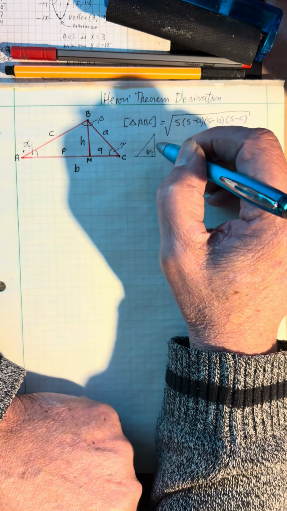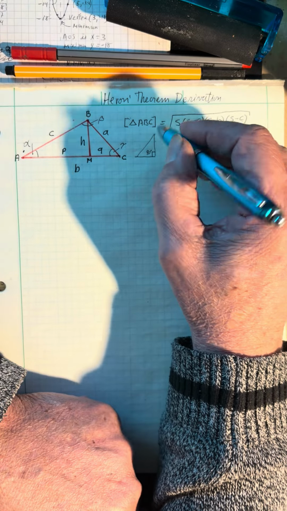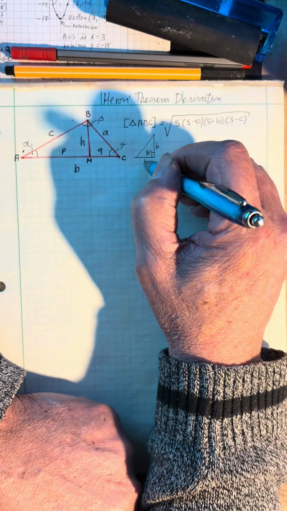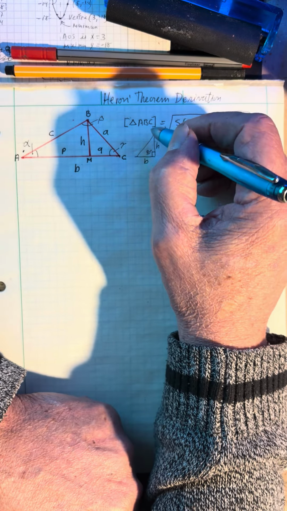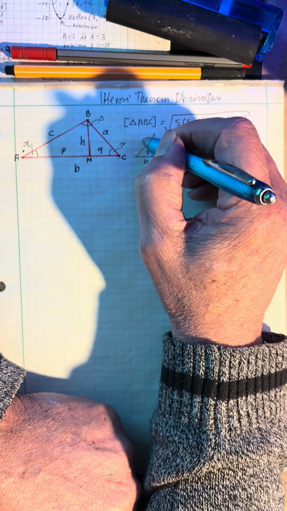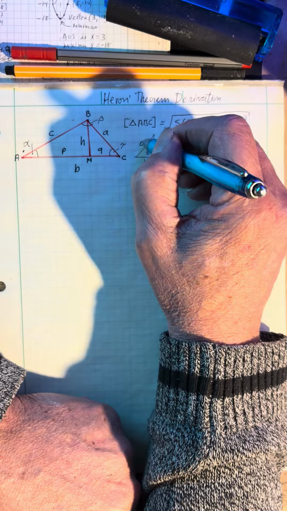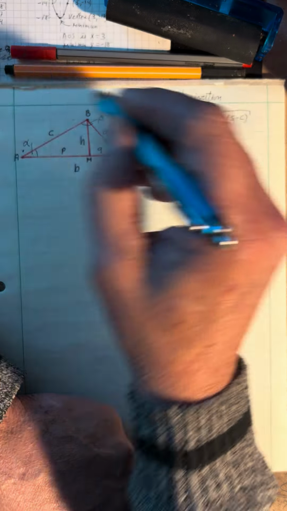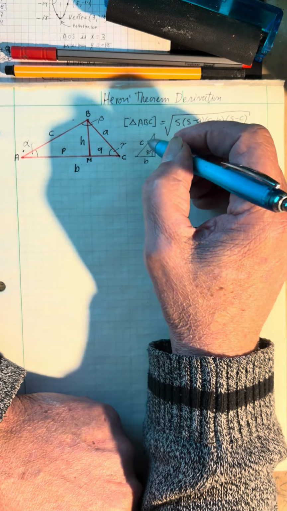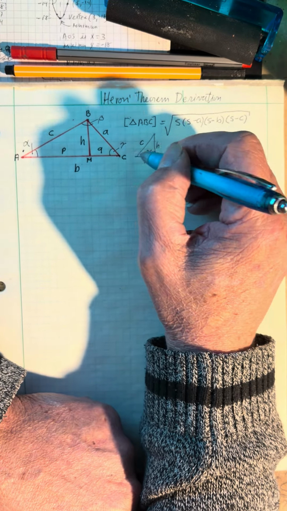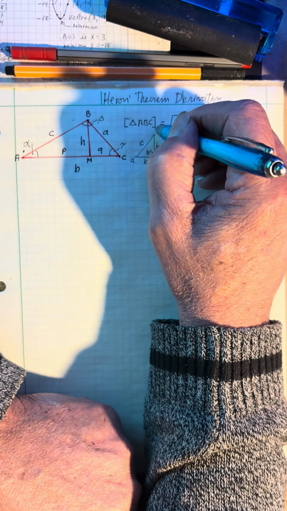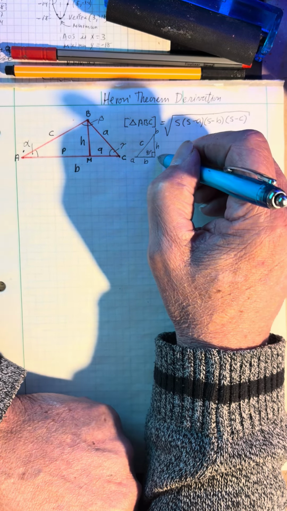If we're looking for the area of the right triangle, we will have a height, a base, and a hypotenuse, which we call C. We'll call this the triangle small a, small b, small c.